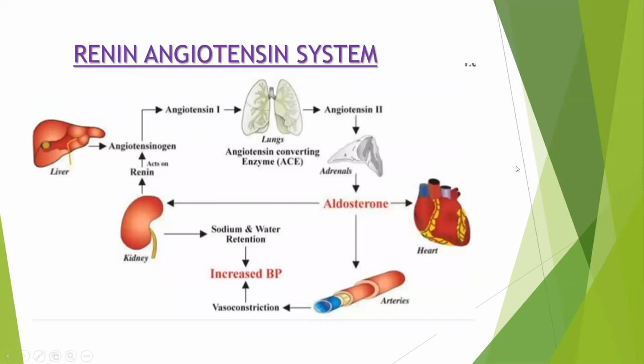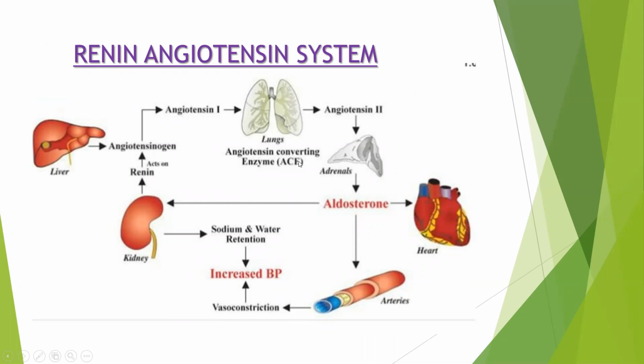We have to see how the renin-angiotensin system works. Renin catalyzes the conversion of angiotensinogen into angiotensin 1. Angiotensin 1, which has less intrinsic activity, is converted to the more active form, angiotensin 2, by ACE, that is angiotensin converting enzyme.